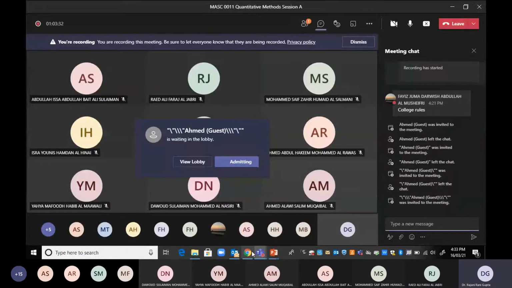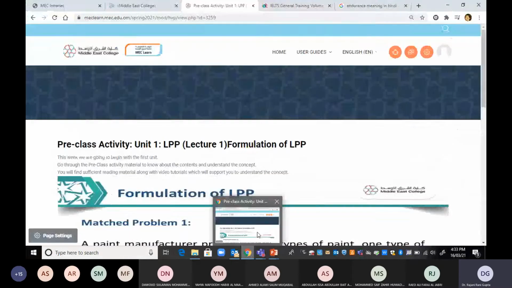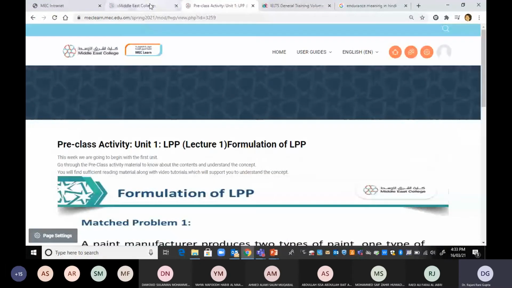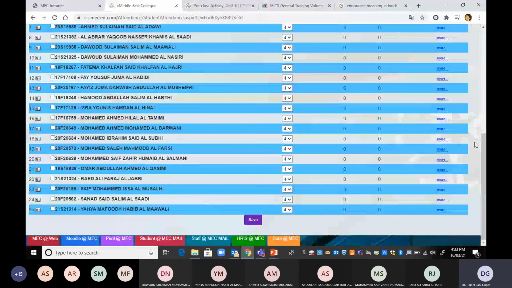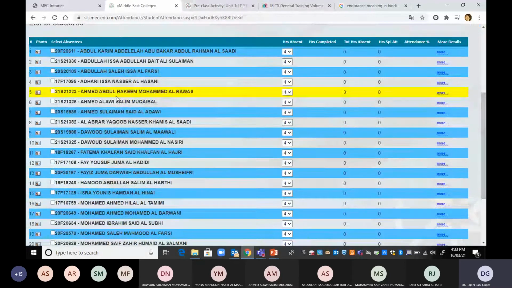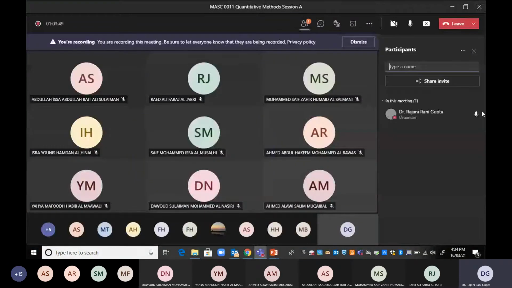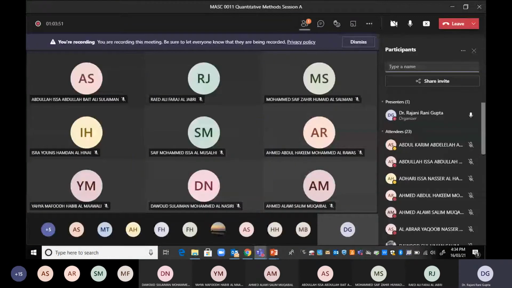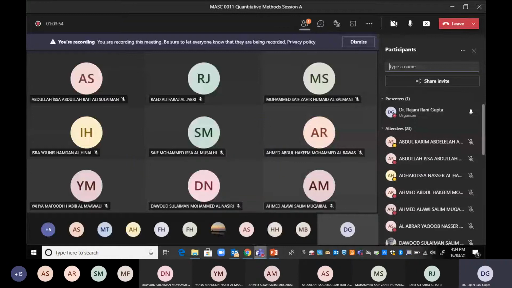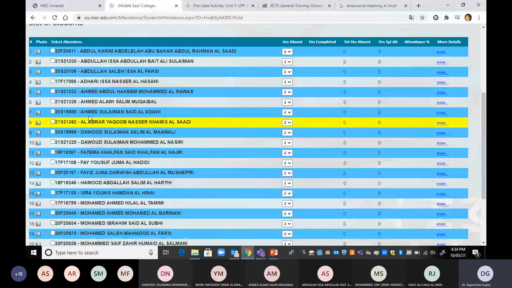Just give me a minute. I think one student is facing an issue joining the session. We have three Ahmeds who are already here: Ahmed Abdul, Ahmed Alawi is here, Ahmed Suleiman Al-Adawi.